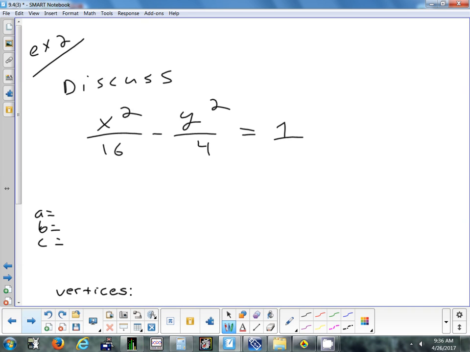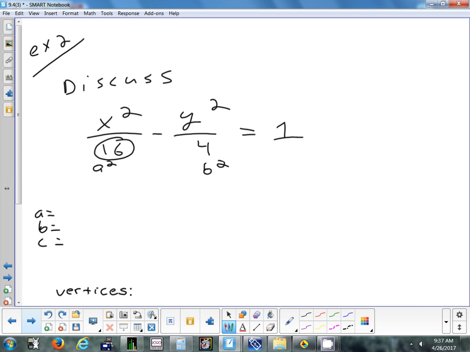Where is a always? In this case, it's under the x, but it might not always be under the x. It's under the first one, it's right here. a is always, like Bria just said, under the positive. a is always the first one, b squared is always the second one.